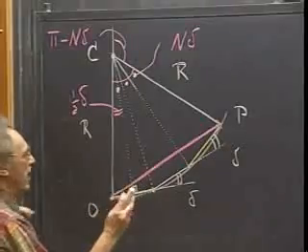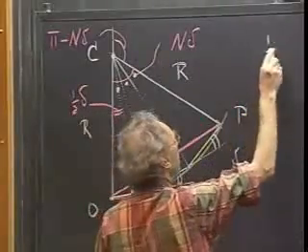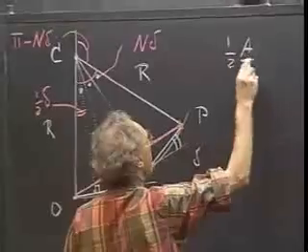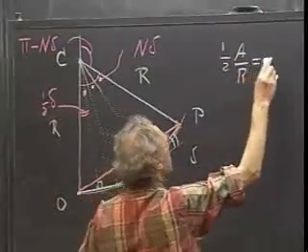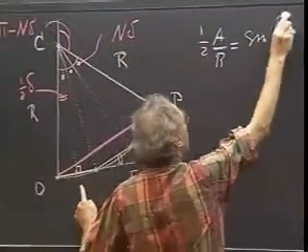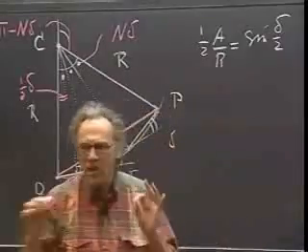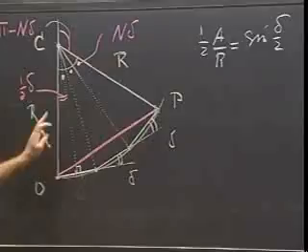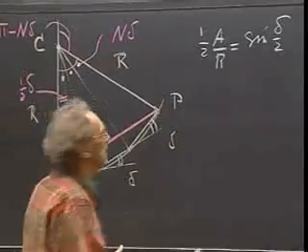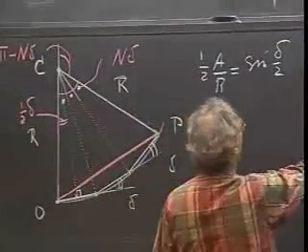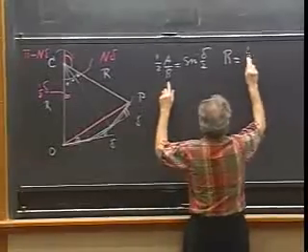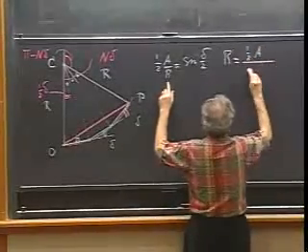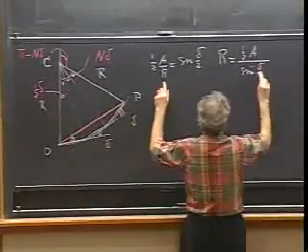I just give it a length a. So that means that 1/2 a divided by r is exactly the sine of delta over 2. That's exact. It's not an approximation. It's not a small angle approximation. This is exactly the sine of that angle. In other words, my radius r is 1/2 a divided by the sine of delta over 2.